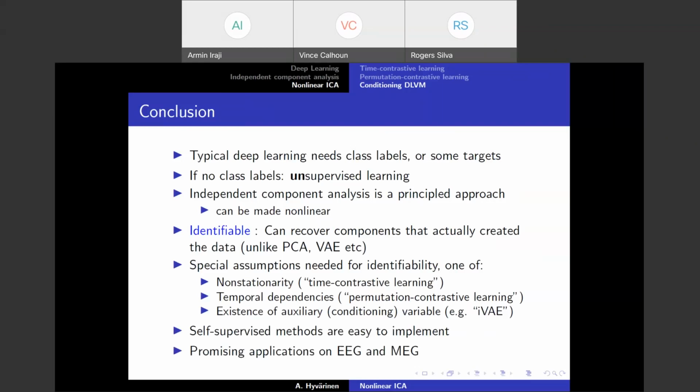Sometimes we do this with self-supervised methods, which have the great benefit that they are quite easy to implement, but sometimes we can prefer more principled maximum likelihood methods. I showed some promising applications on EEG and MEG, but these are very initial applications, and I hope we can do something much better in the future. Okay, thank you very much.